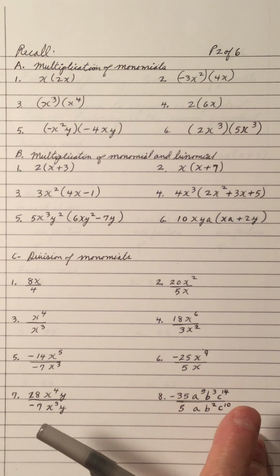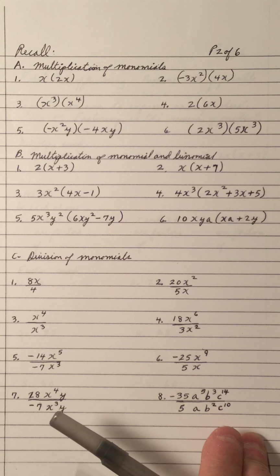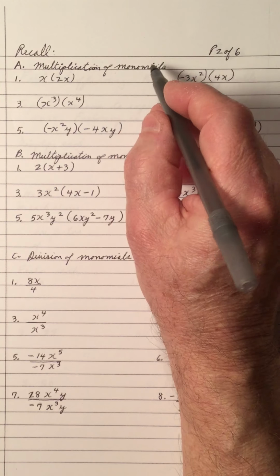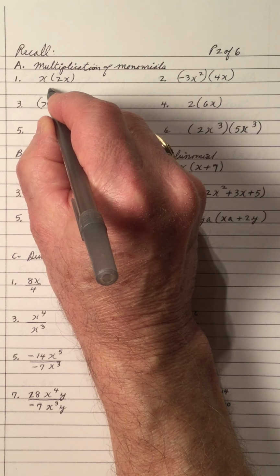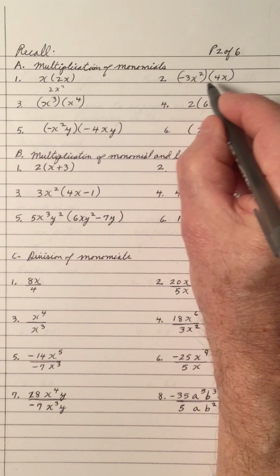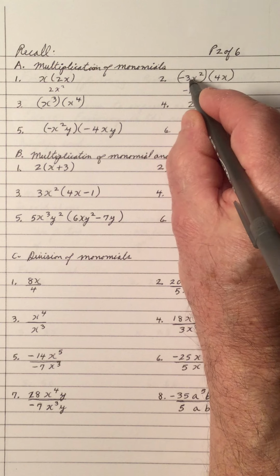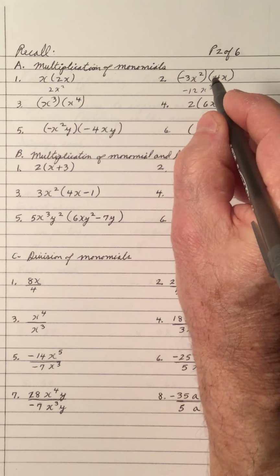Let's do a bit of a review before we start removing the GCF, and recall multiplication of monomials. Let's multiply these two, and I get 2 times 1 is 2, x squared, because you add the exponents. Multiply negative 12, and x, 2 plus 1 is 3.